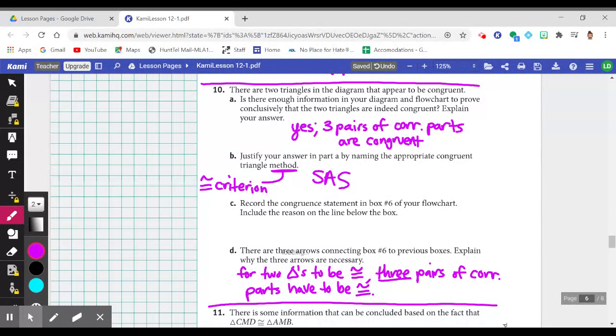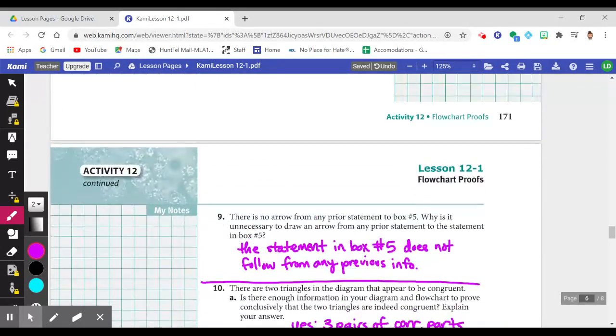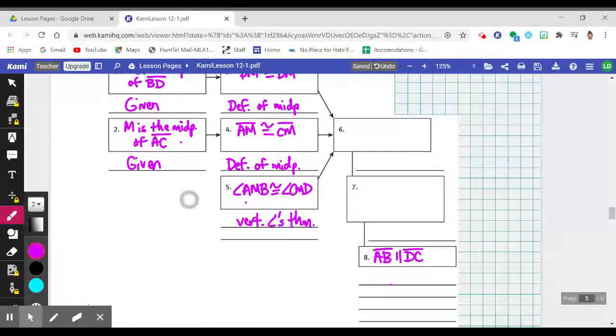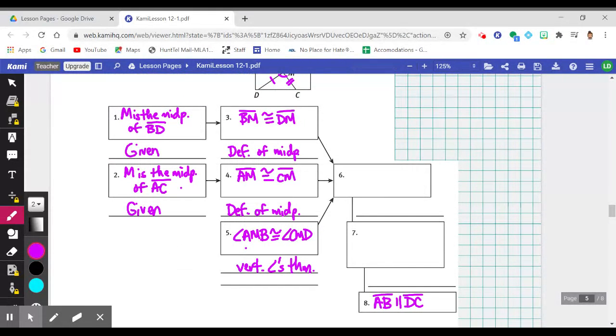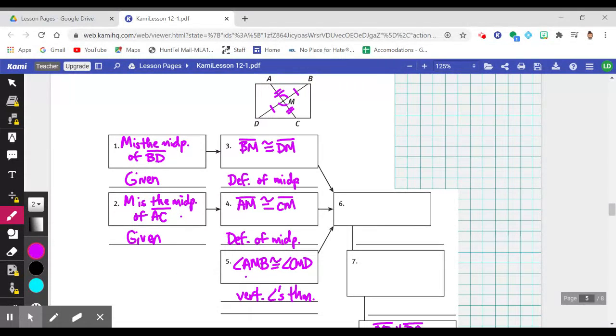For two triangles to be congruent, three pairs of corresponding parts have to be congruent. So it's these three statements that lead us to statement 6 to say that triangle AMD is congruent to triangle CMD because of side angle side. It's these three statements that lead us to believe that the two triangles are congruent.